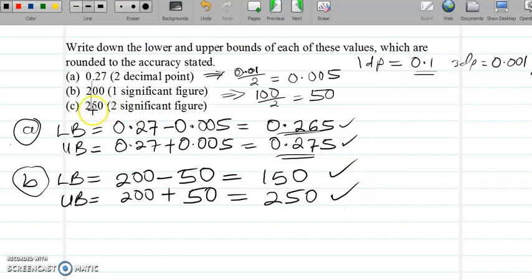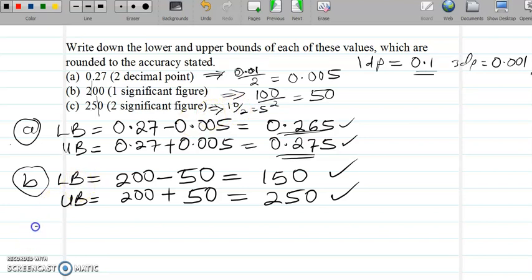Now looking at this one also, this is to 2 significant figure. If we measure this to 2 significant figure, we have 1, 2, which goes here. Since we have 0 here, that is just equivalent to the nearest 10. You see that? Then the degree of accuracy here is 10.